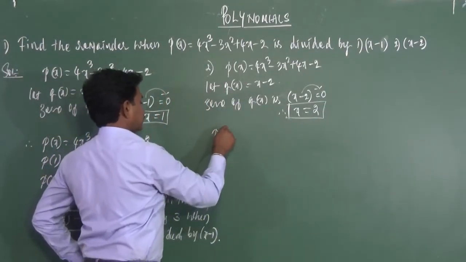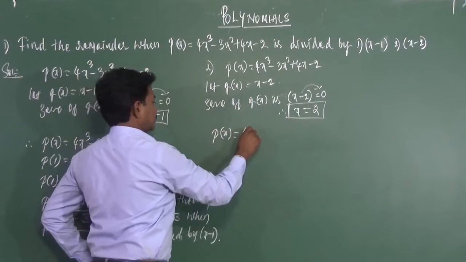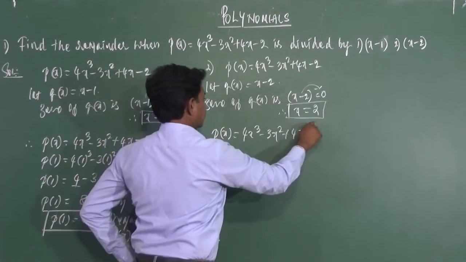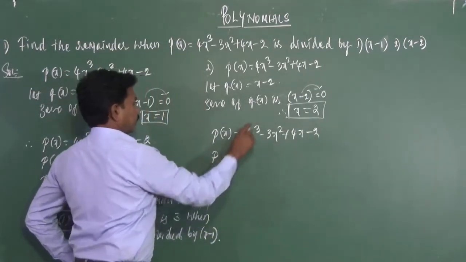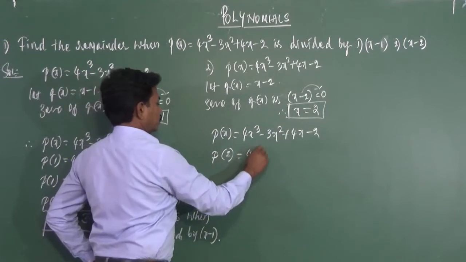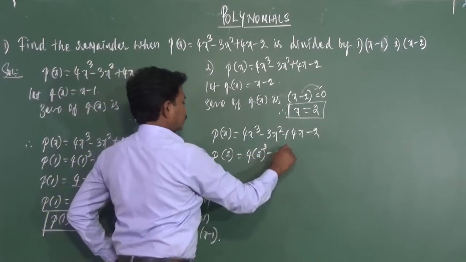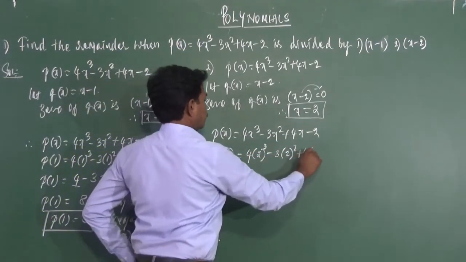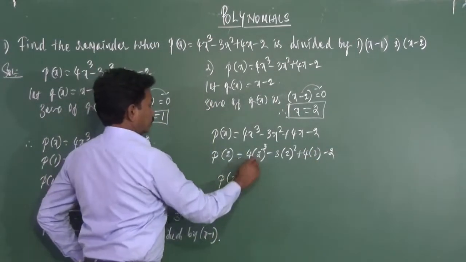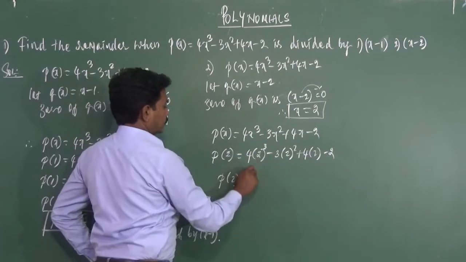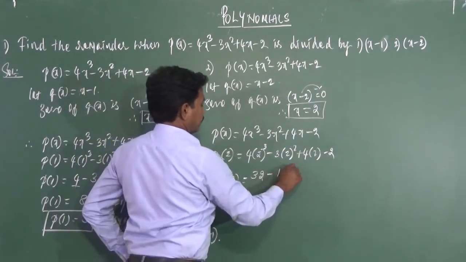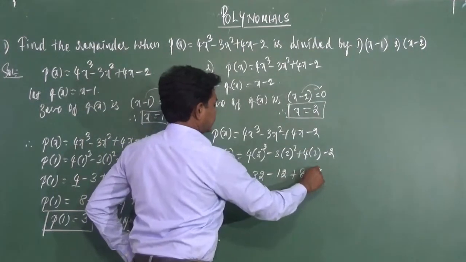So p of x is equal to 4x cube minus 3x square plus 4x minus 2. So p of 2 is equal to 4 into 2 cube minus 3 into 2 square plus 4 into 2 minus 2. So p of 2 is equal to: 2 cube is 8, 8 4s are 32, minus 2 square is 4, 4 3s are 12, plus 4 2s are 8, minus 2.